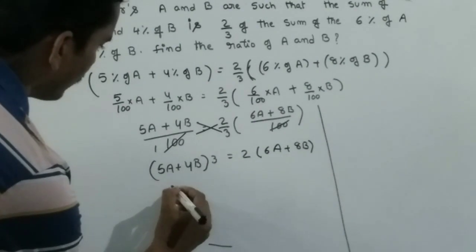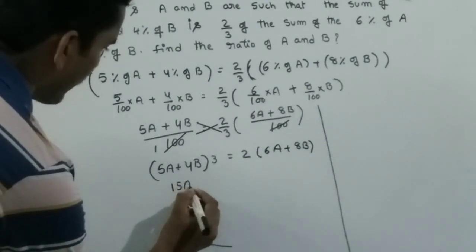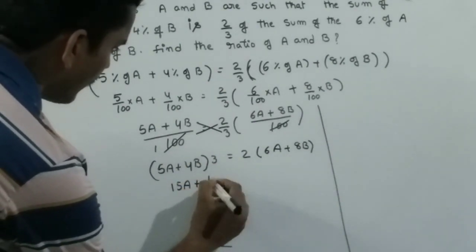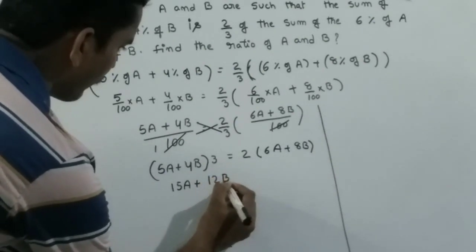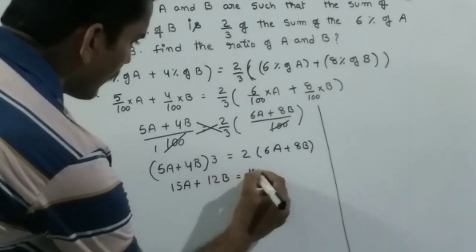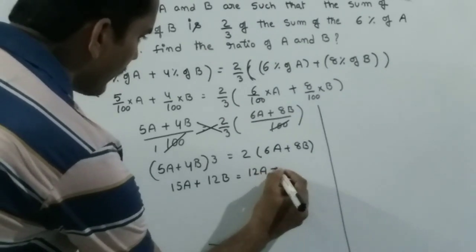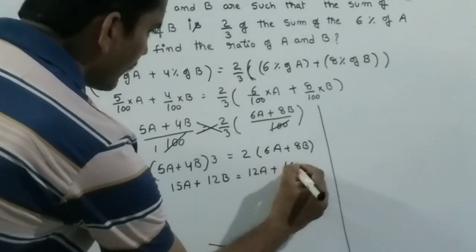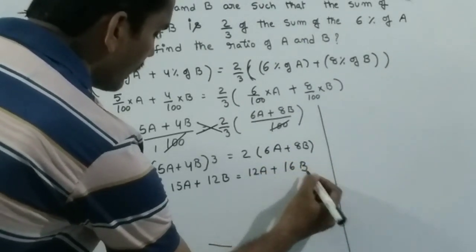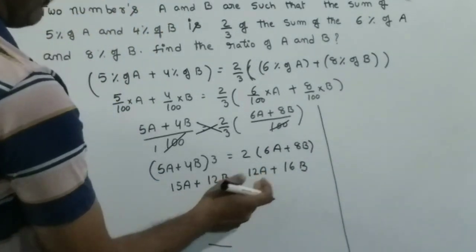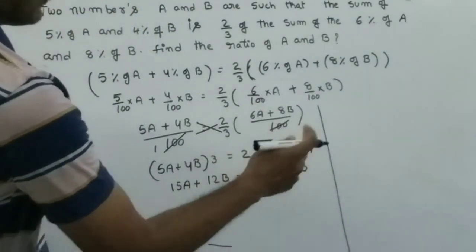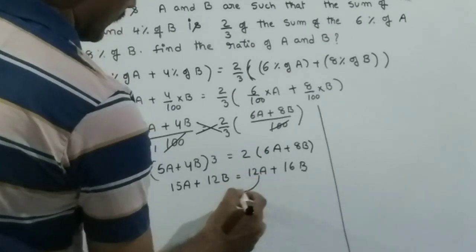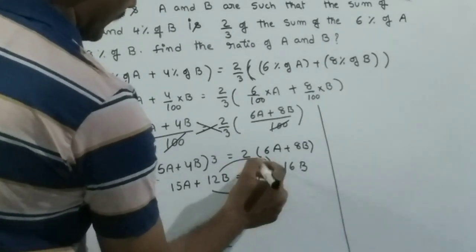Now 3 5s are 15a plus 3 4s are 12b. Here 2 6s are 12a plus 2 8s are 16b. Now you will bring a's to one side and b's to the other side.